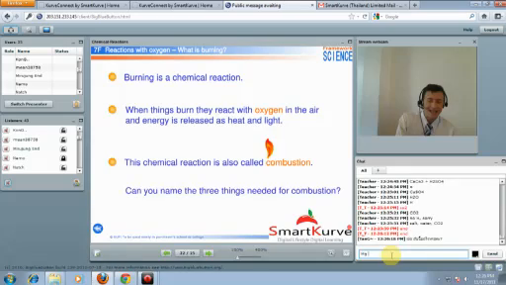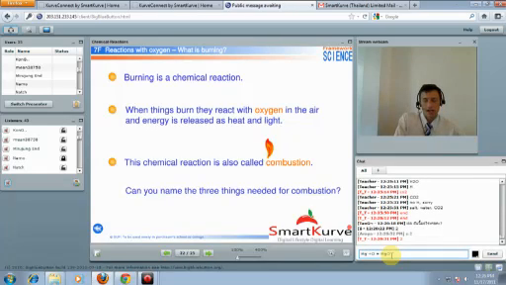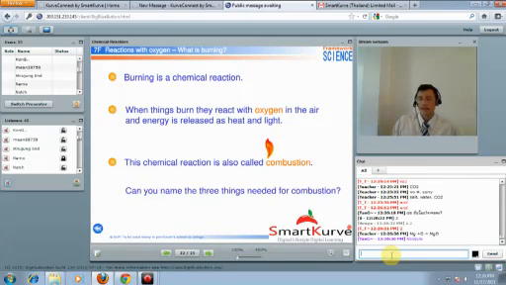When you burn magnesium to get magnesium oxide, that's an example of combustion. How about another example? What else would combust? All right, so we'll stick with magnesium oxide.